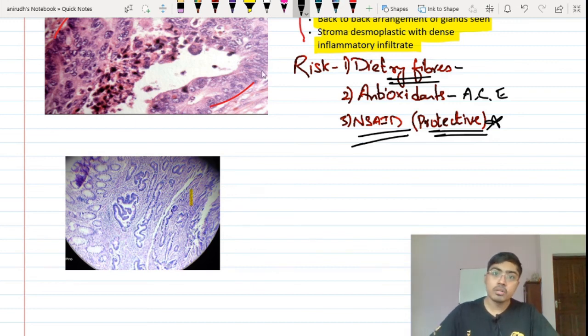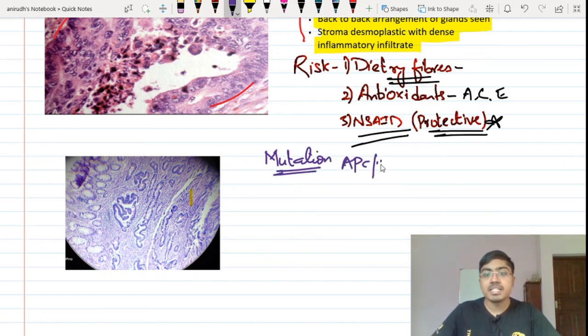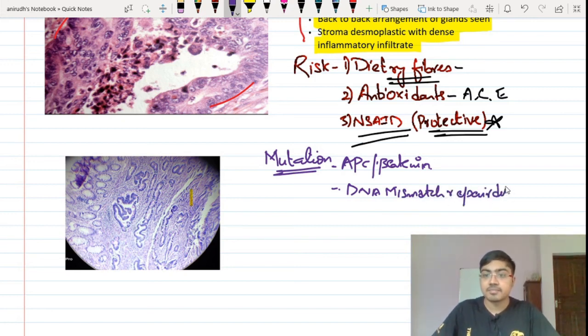Now if I talk about certain mutations over here, you must be knowing that the APC beta catenin pathway is the first type of mutation that is possible over here. Other than that, you can have a DNA mismatch repair defect. So you can have a problem in the microsatellite pathway, isn't it?